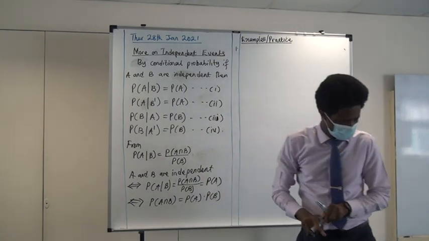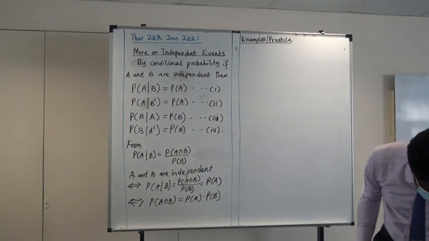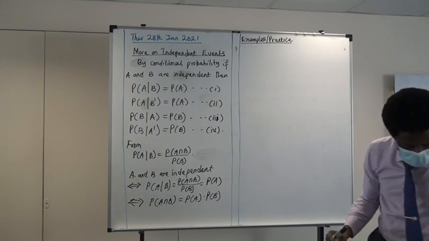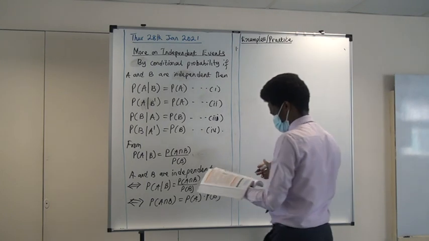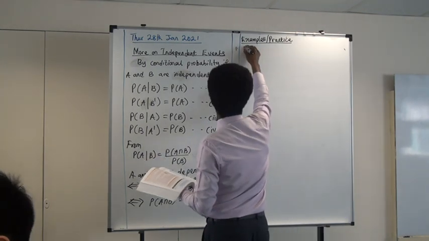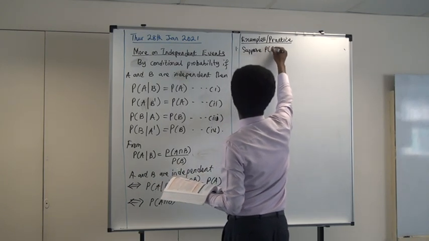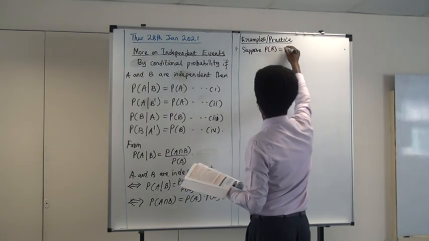Question 1. The first question says, suppose, I expect the first one to be the easiest, so hopefully we are right. Otherwise, we are all in trouble. So write fast, please. Suppose probability of R is 0.4.